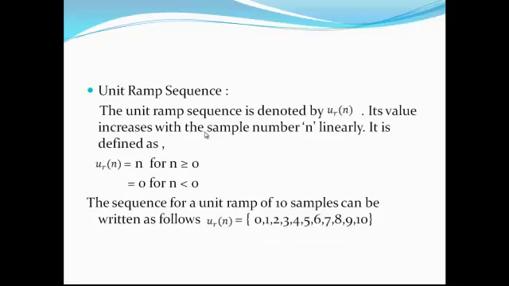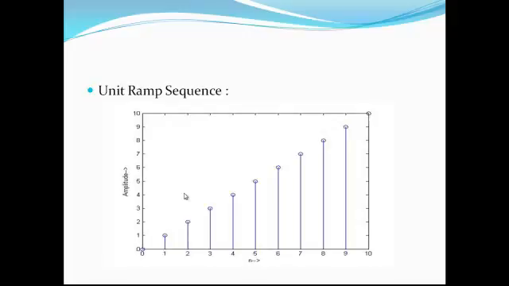Now you have the unit ramp sequence. The unit ramp sequence is denoted by u(n), and it is equal to n for n greater or equal to 0. It is 0 otherwise, for n less than 0. So this is a unit ramp sequence. At 1 it is 1, at 2 it is equal to 2.